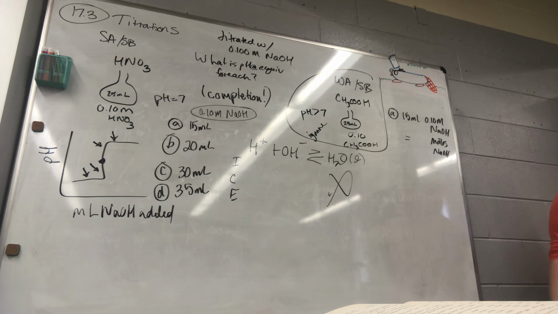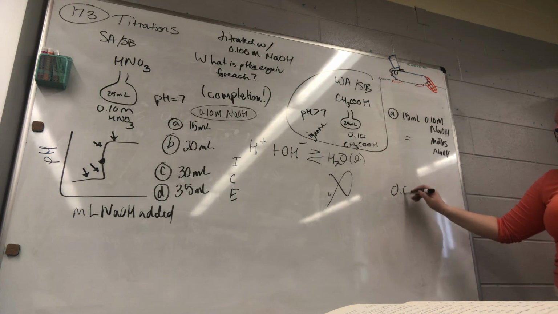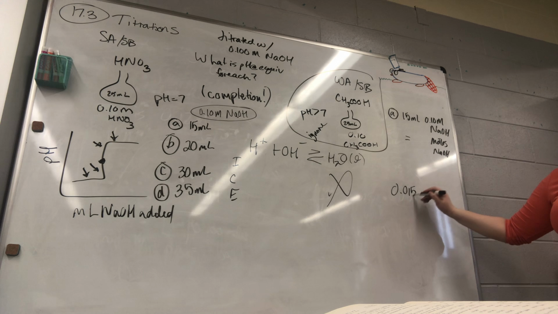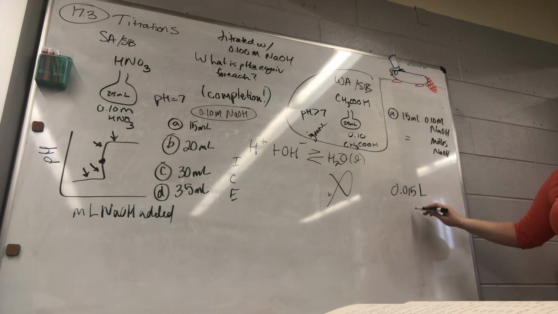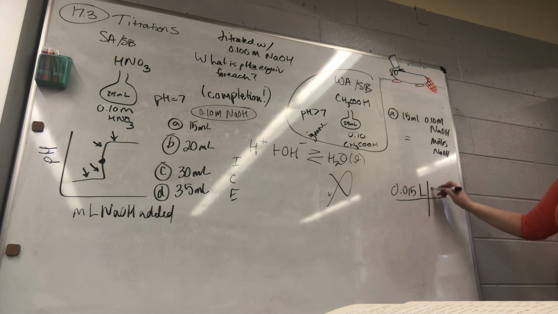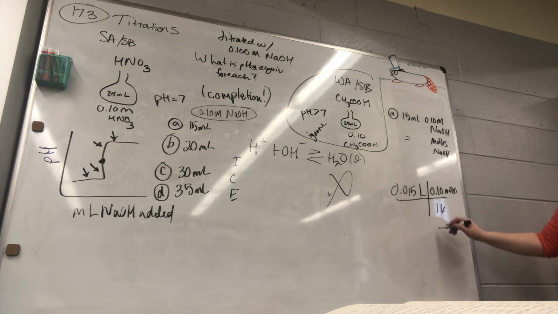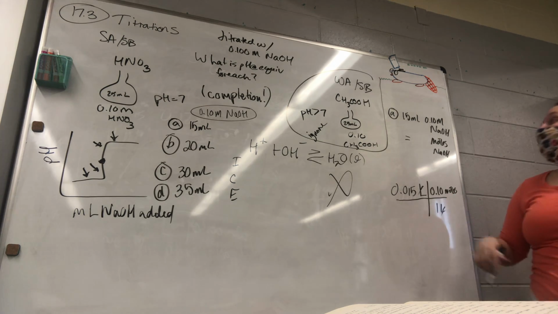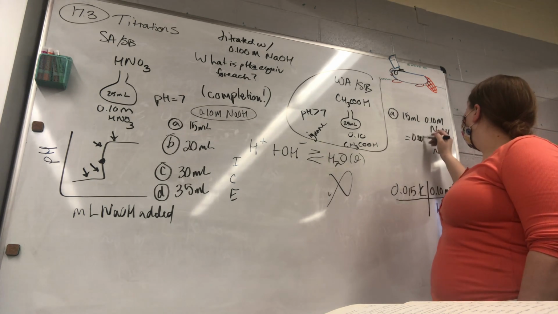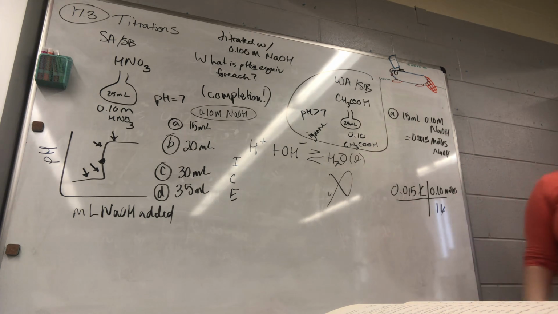So you're going to do 0.015 liters, because that's 15 milliliters in liters, divided by 1,000. We're going to multiply it by the 0.10 moles, which has a bottom unit of liters. What are you going to get? 0.0015. Okay, so that's part A.